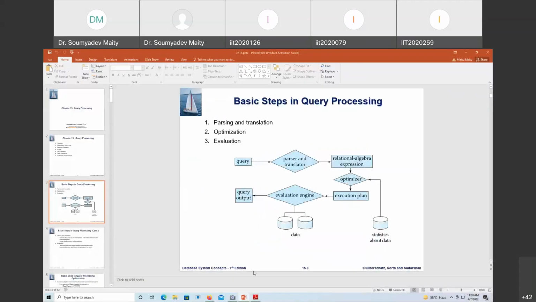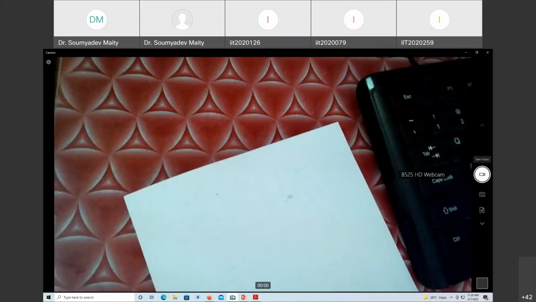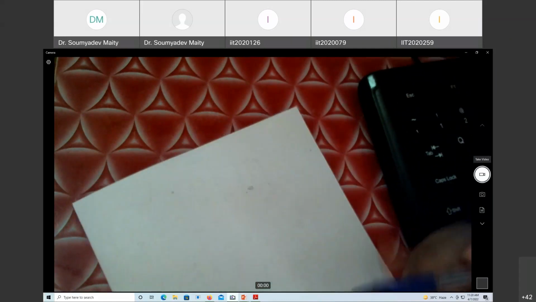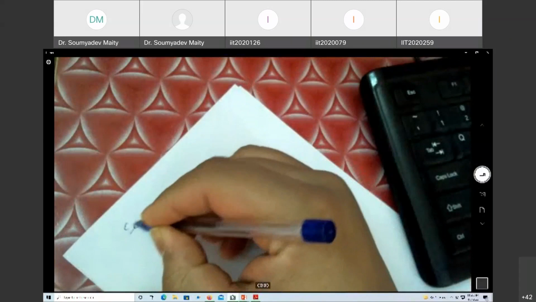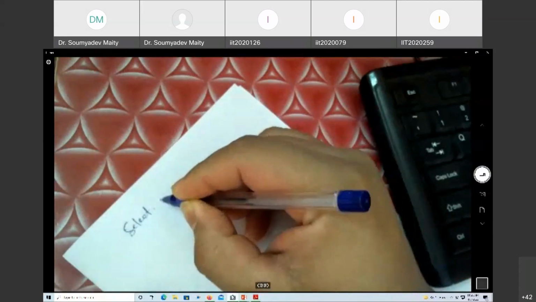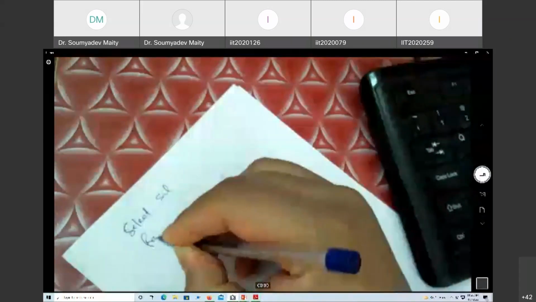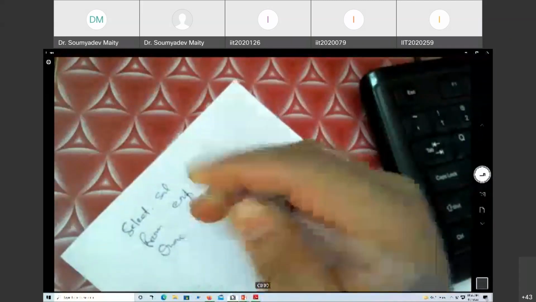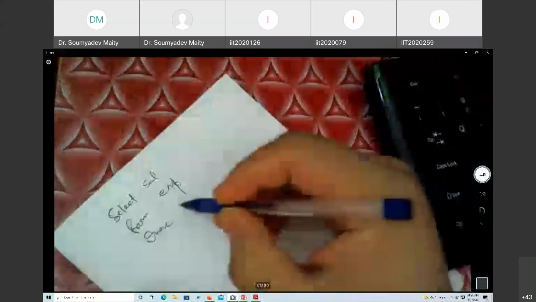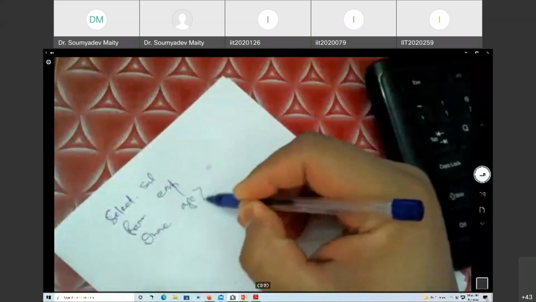So let's suppose we have a query, select, as I said, salary from employee where age is greater than 30.